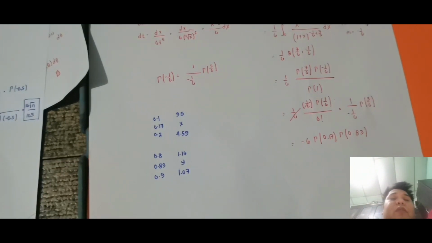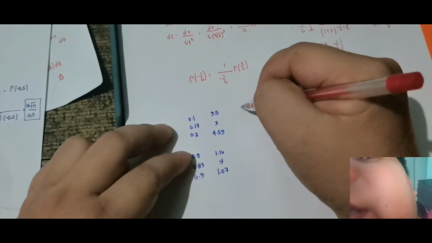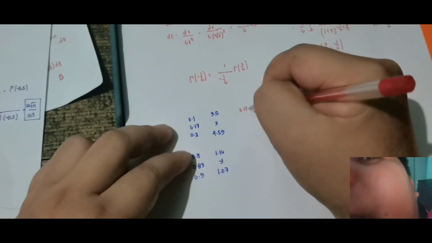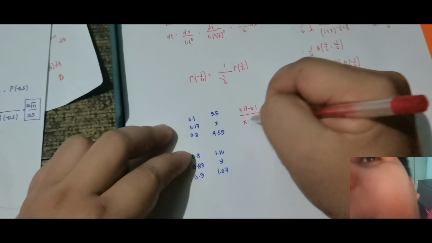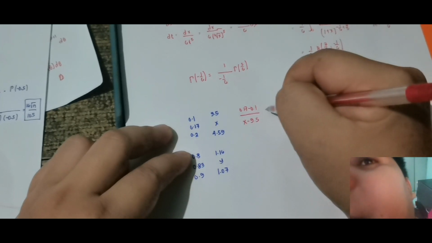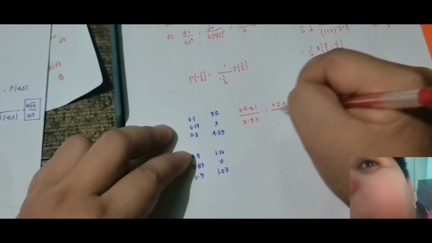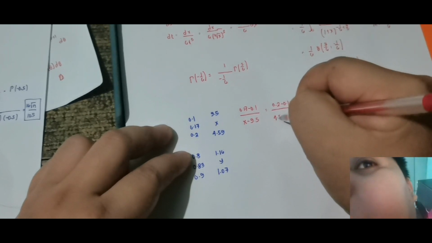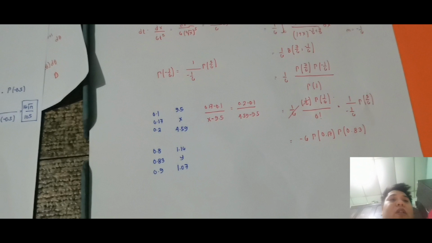Okay, so we need to solve the following. Hirap. So, 0.17 minus 0.1 over x minus 9.5 equal siya sa 0.2 minus 0.1 all over 4.59 minus 9.5. Ito naman, so yun yung x, solve ko lang kung ano yung x dyan.